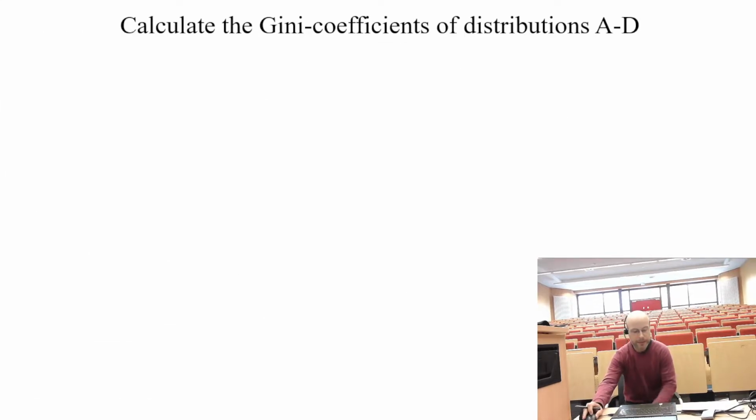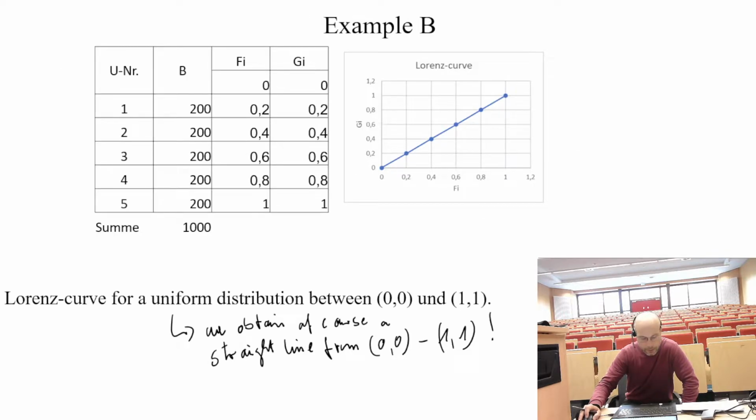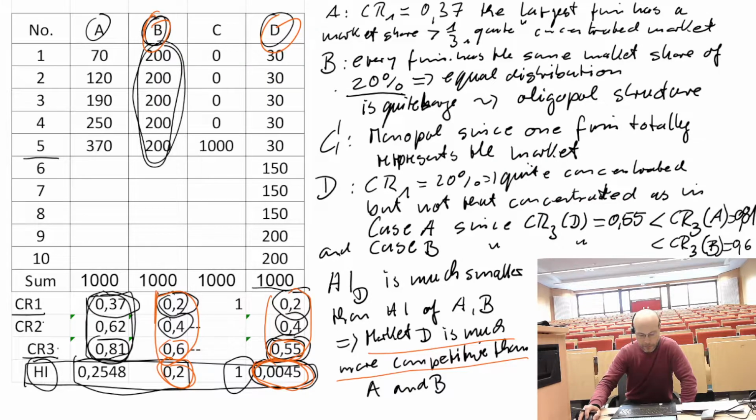Let's start with the Gini coefficient of our different distributions. No, this we had already, or no, this was the Lorenz curve.